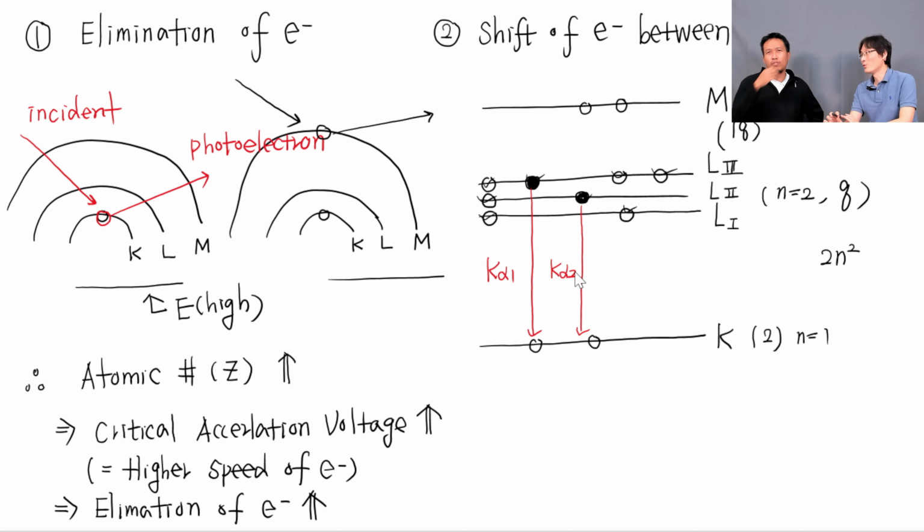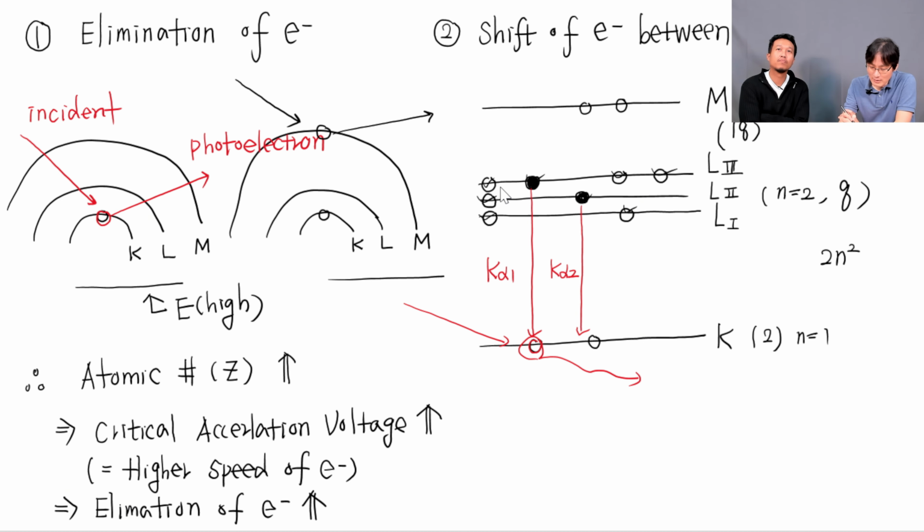I missed one point. There is an incident beam, and this electron is eliminated. There must be a hole. That's why the electron above drops down to that level.